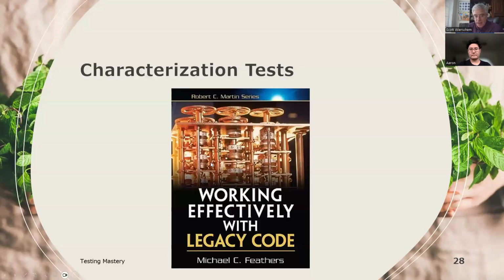So that being said, the book that I reference regularly is Michael Feathers' Working Effectively with Legacy Code. The way Michael Feathers defines legacy code is that legacy code is code that doesn't have tests.